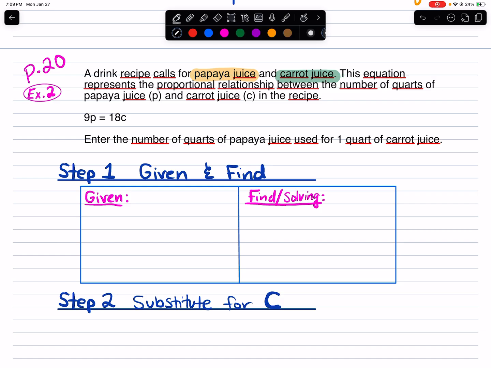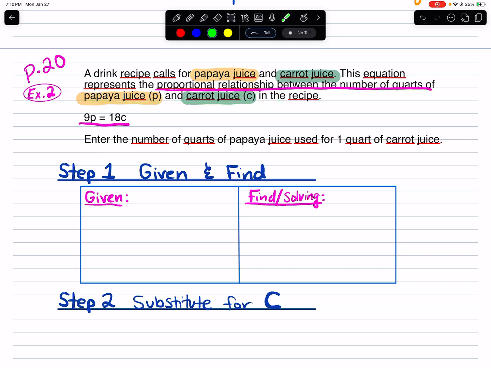This equation represents the proportional relationship between the number of quarts of papaya juice, letter P, and carrot juice, letter C, in the recipe.